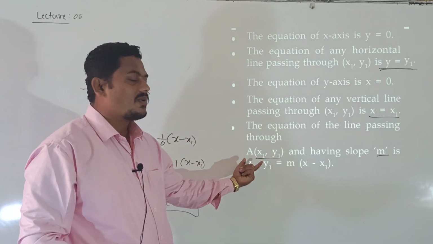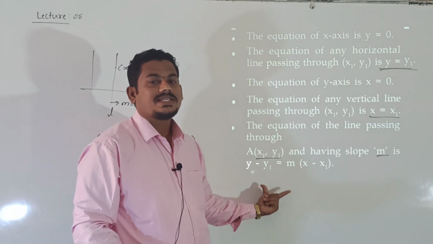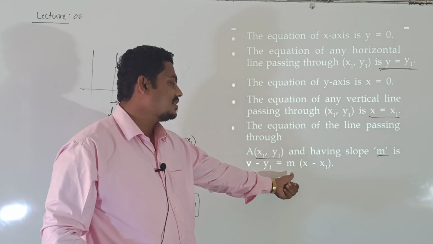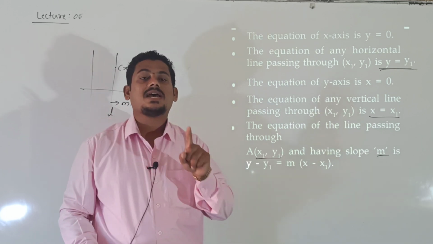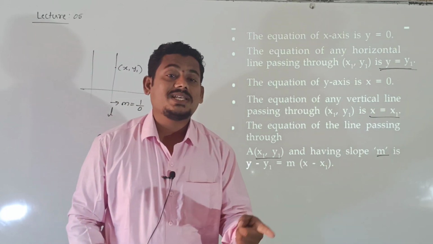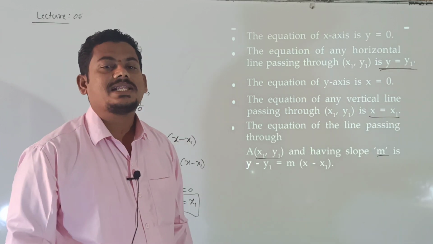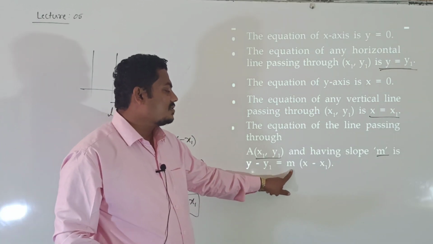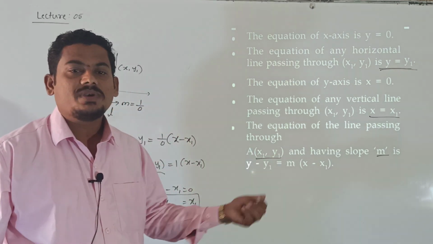This is one of the forms of the equation of a straight line. Whenever the slope of the line and one of the points is given, use the slope-point form: y minus y1 is equal to m into x minus x1. Here m is the slope of the line.